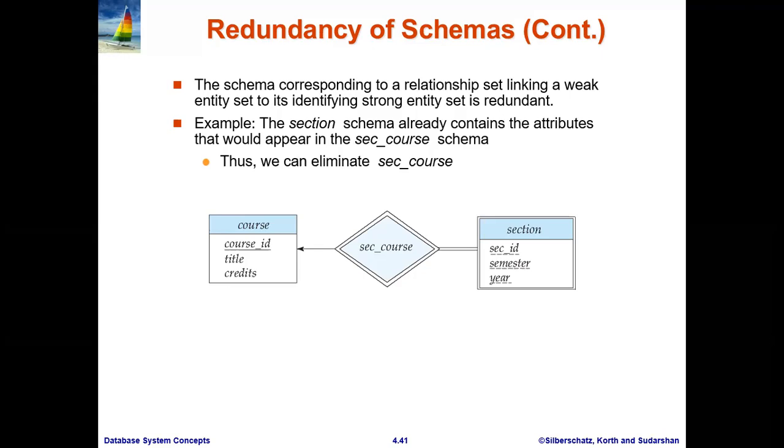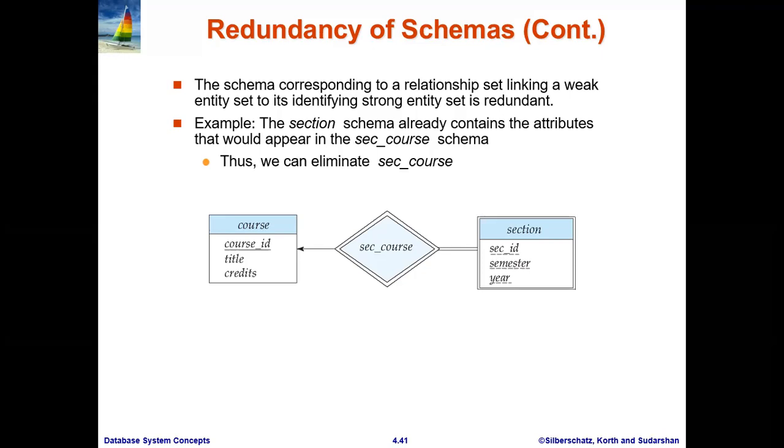How? The section schema, that is the weak entity set schema, is represented by the primary key of the identifying strong entity set and all the attributes of section. This is what we have learned.